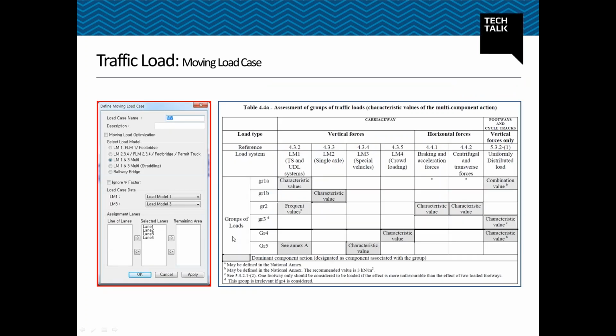Once you have defined the traffic line lanes and then the vehicles, you can assign the vehicles that you have created onto the specific lanes that you have created on the structure. So with this, you can select a specific load model and then assign the vehicles that you have created and then move those traffic lanes that you have created onto this middle box.